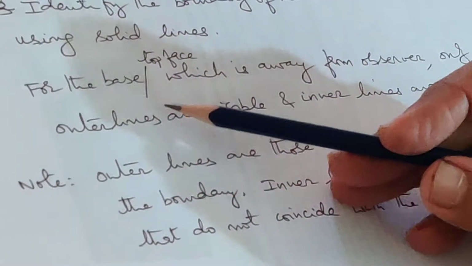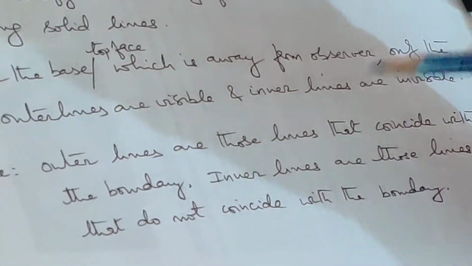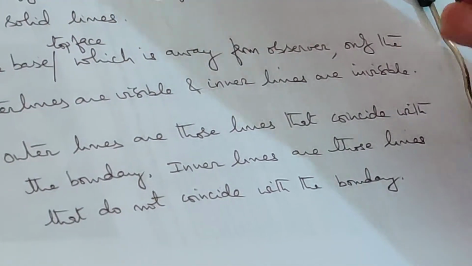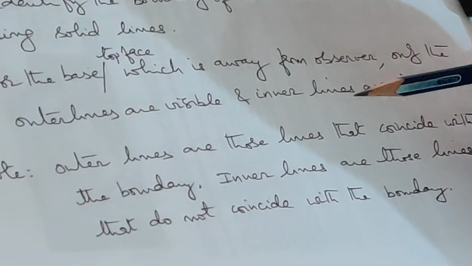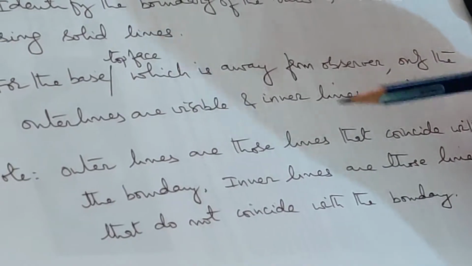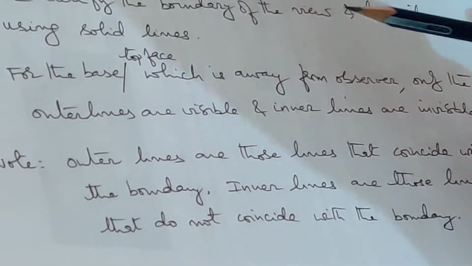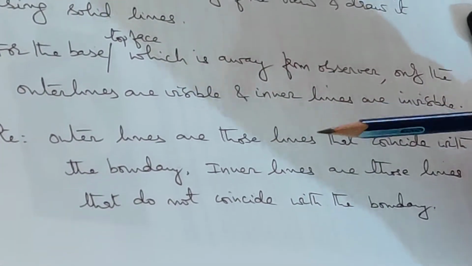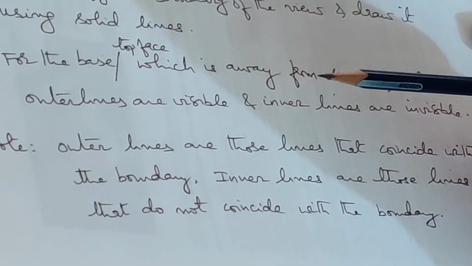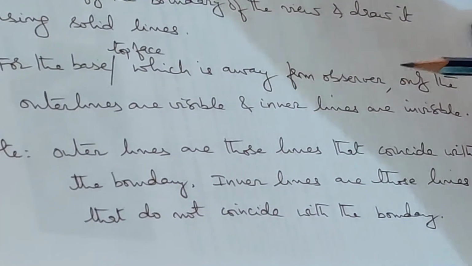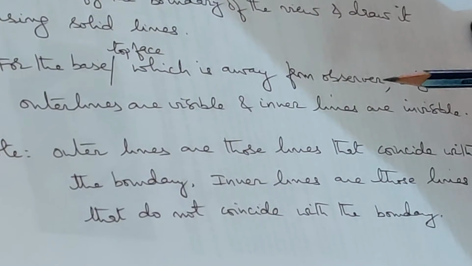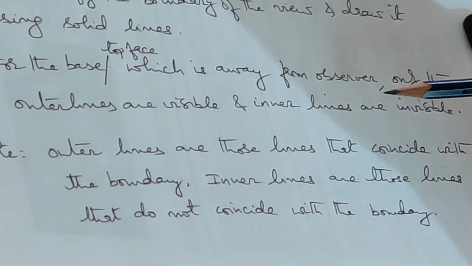step, now for the base or the top face, whichever is away from the observer, some lines will be visible, some will be invisible. Now what are the lines that are visible? What are the lines that are invisible is what you have to decide. The lines that coincide with the boundary are visible, which we call outer lines.